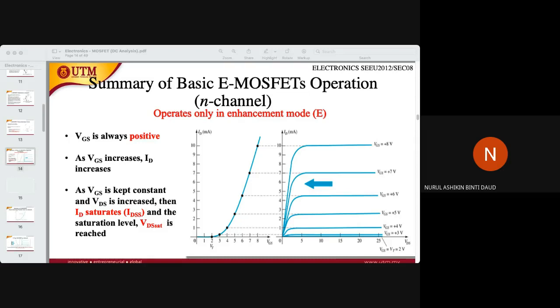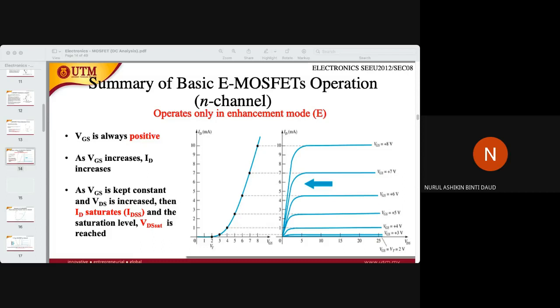The drain-source saturation voltage can be calculated as VDS saturation equals VGS minus VT, where VGS is the gate-source voltage and VT is the threshold voltage, the voltage when the device is turning on.